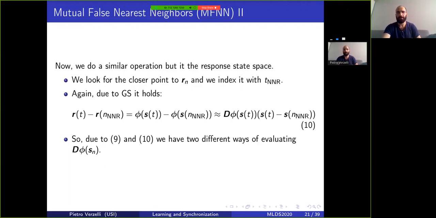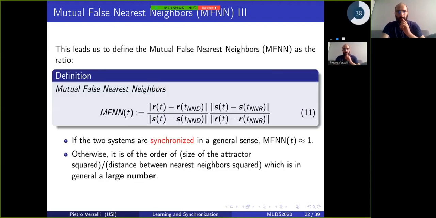Okay. This sounds a bit puzzling, I think, but actually it's a pretty obvious idea. Due to these two equations, we have two different ways of evaluating this Jacobian, right? One in the driver space and one in the response space. And so we can define the mutual false nearest neighbors as the ratio between the two ways of computing the gradient. I think this notation is helpful because you have all N and D on the driver space, and then R is on the reservoir response space.